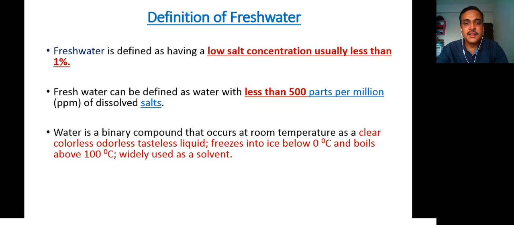Then fresh water has another definition: fresh water can be defined as water with less than 500 parts per million, commonly referred to as ppm, of dissolved salts. When the concentration of dissolved salts is less than 500 ppm, that is commonly known as fresh water.